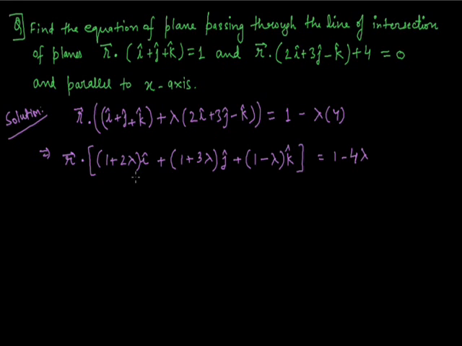Now if we get the value of lambda, we are done with the equation. To find the value of lambda, we are given one more condition in the question. And what is that condition? The condition is that this plane, equation number 1, is parallel to the x-axis.